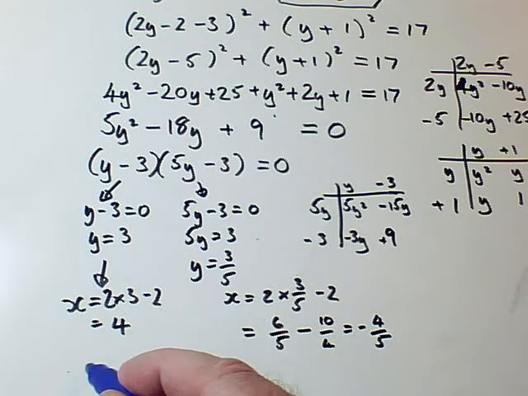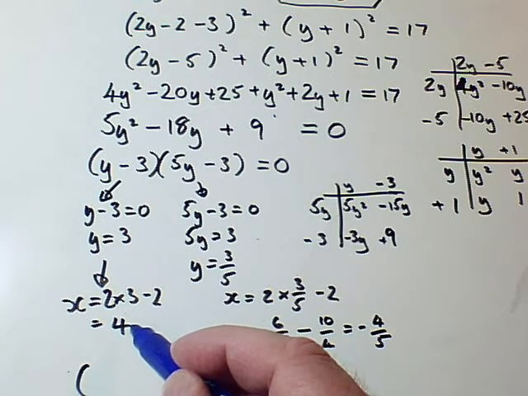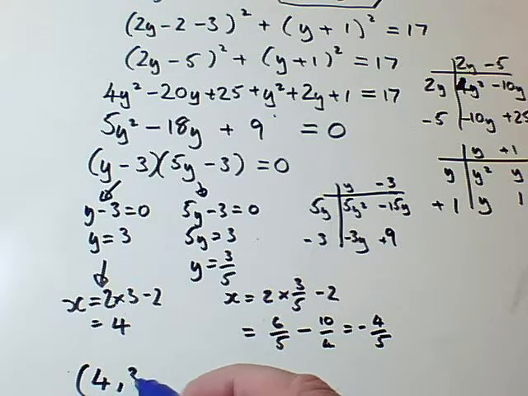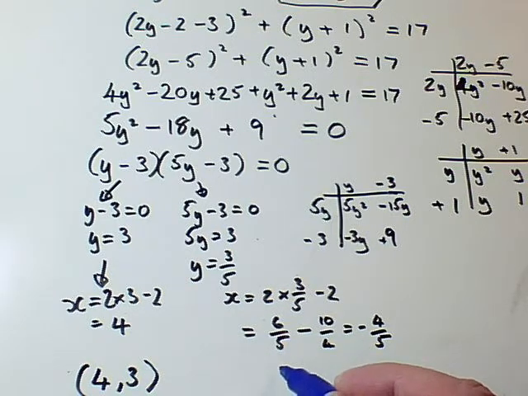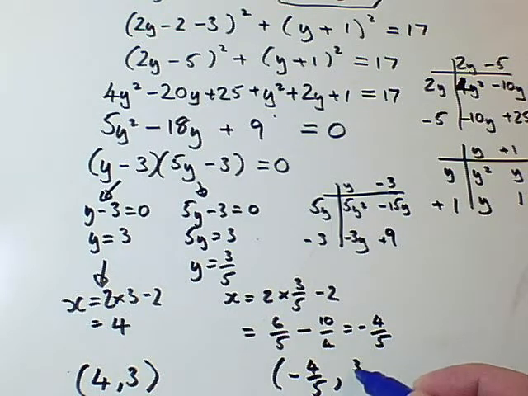So my 2 points are, get them the right way around, x coordinate first, so 4, 3 is one of the 2 points, and the other one is going to be minus 4/5, 3/5. And that's how we find the intersections between a straight line and a circle.